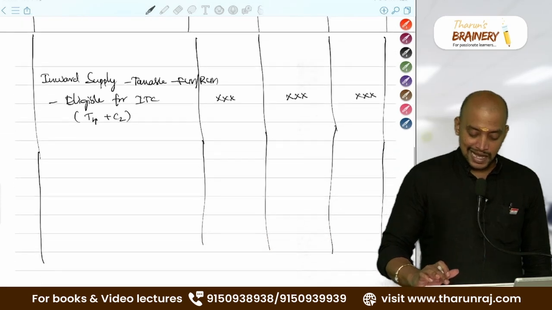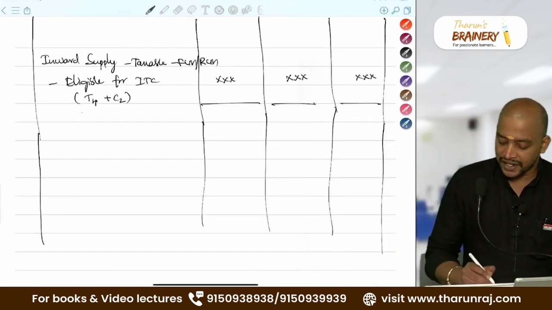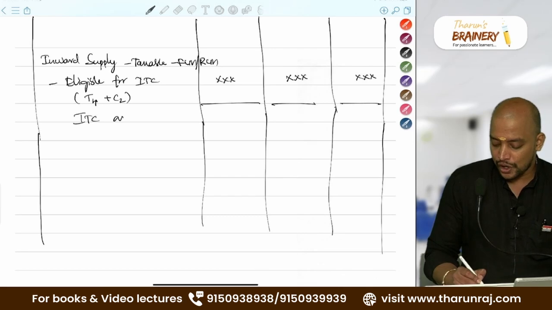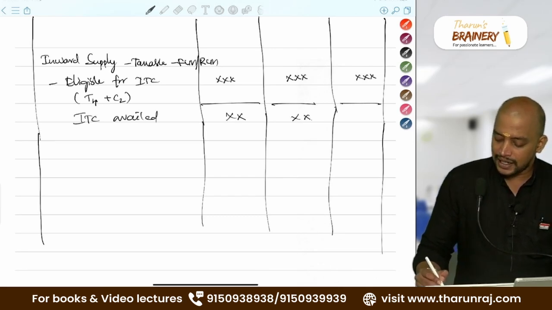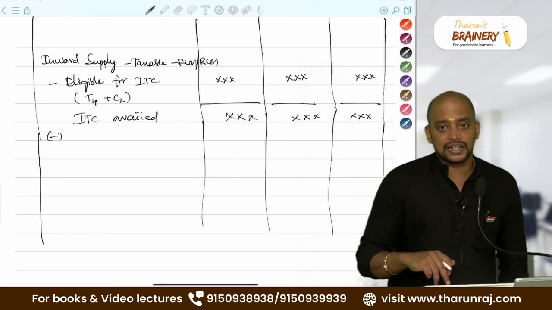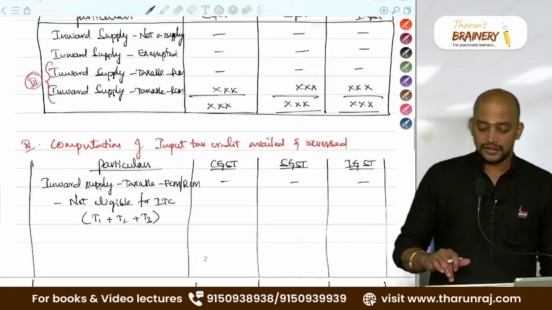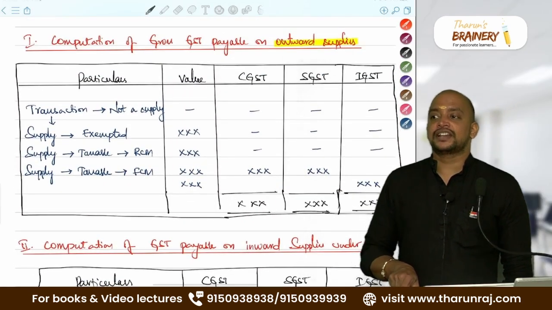Then this you call as ITC availed. Then you do ITC reversed. So you know when there will be ITC reversal? Based on the first statement itself, you will know whether there will be ITC reversal or not.